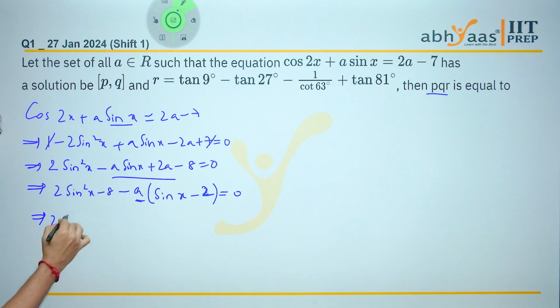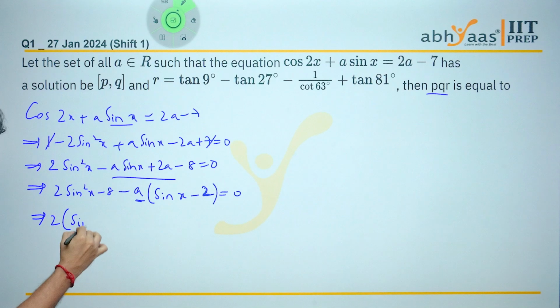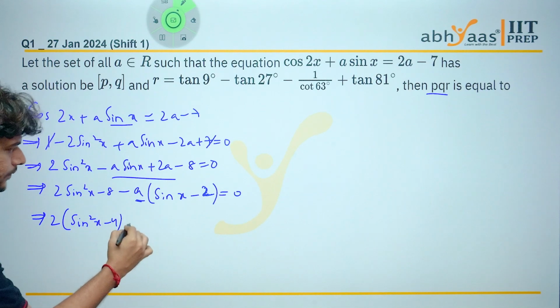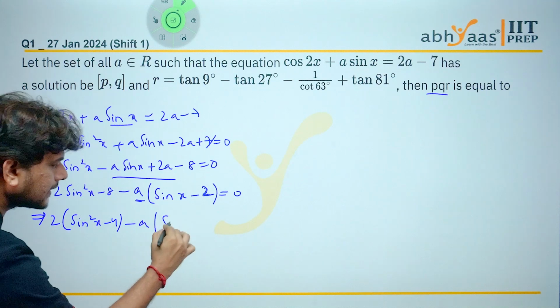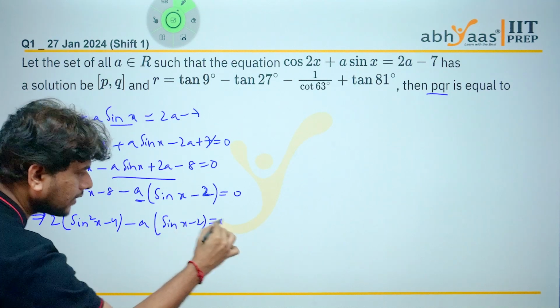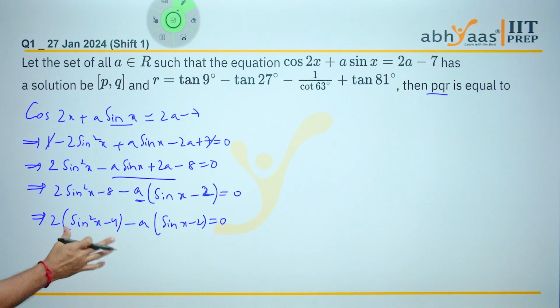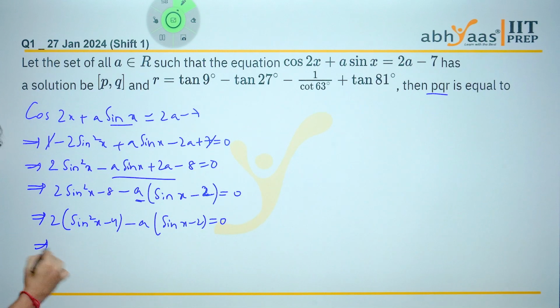Now if we take 2 common, that will be sin square x minus 4 minus a times (sin x minus 2) equal to 0. So this is the a square minus b square formula, right? We will get sin x minus 2 and sin x plus 2.